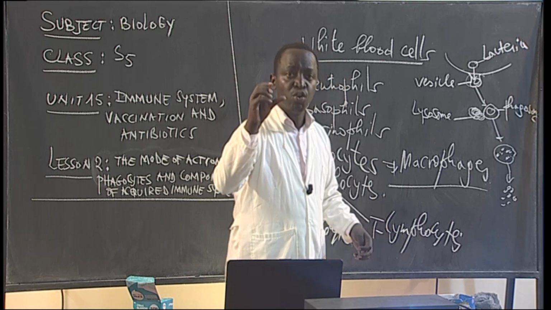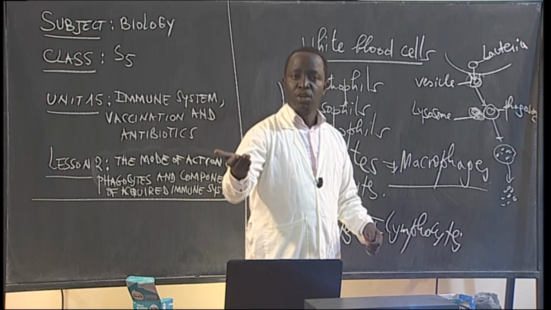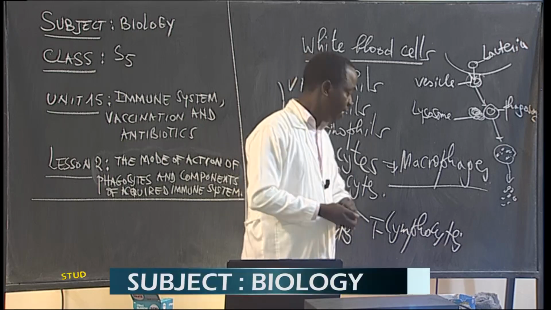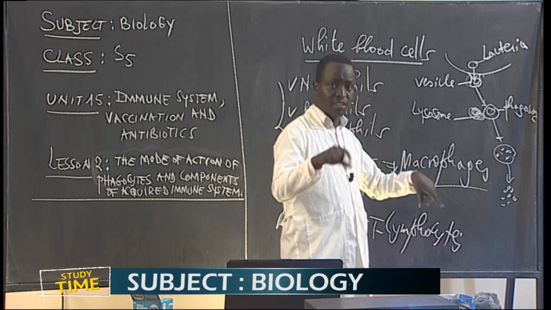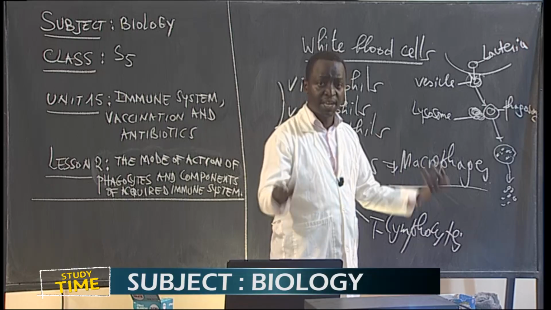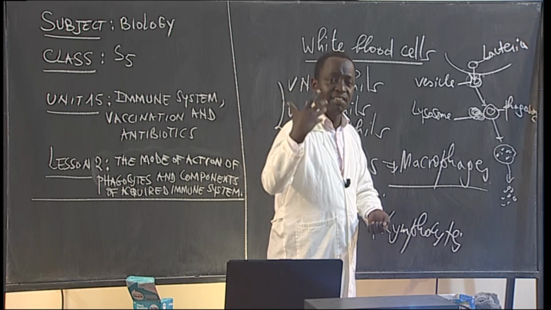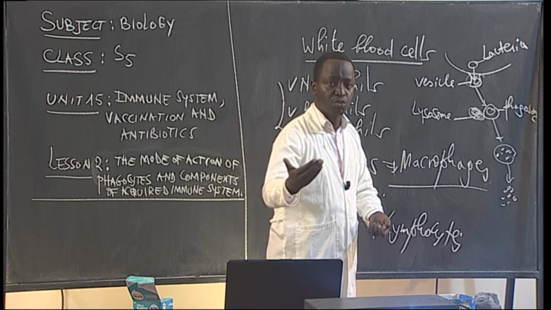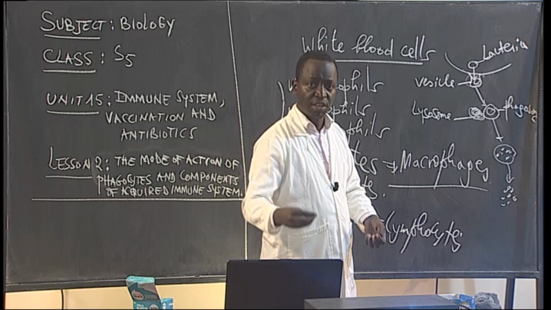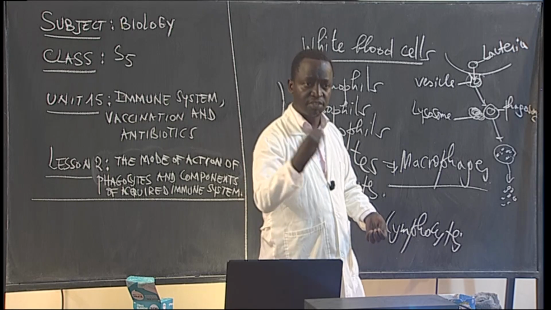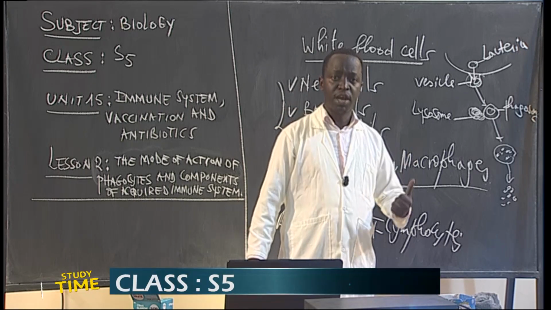It's just to attack the cells that have been infected, either by viruses or other pathogens, or tumor cells that can cause cancer. We call them cancerous cells, or transplanted organs.